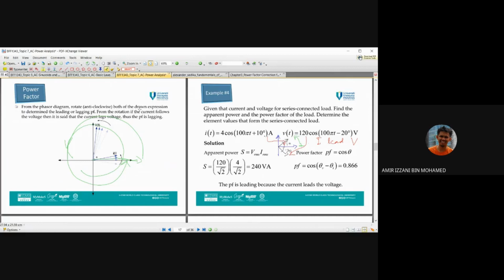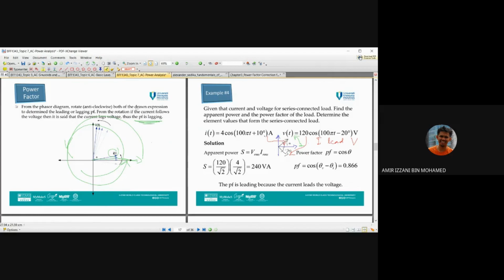Rotate both of the drawn expressions to determine the leading or lagging of our power factor. We can see the position from here. I is lagging, so you can see that it is a lagging power factor. So this PF is lagging.